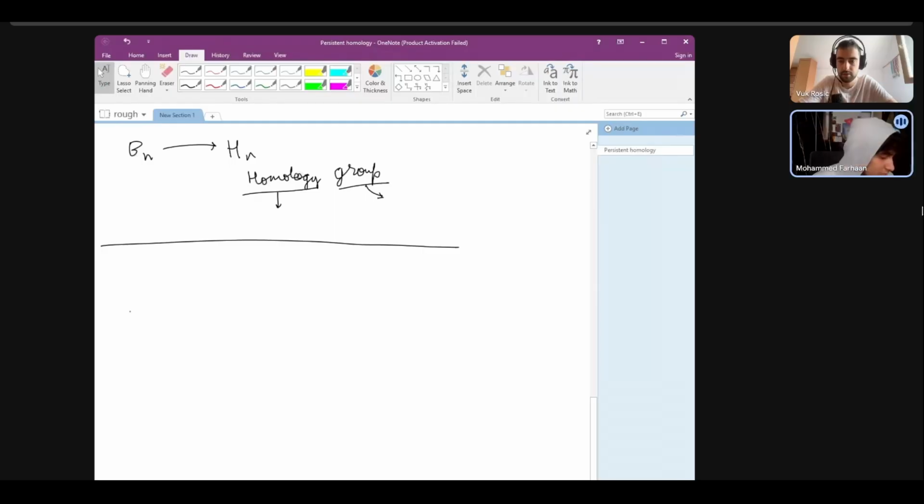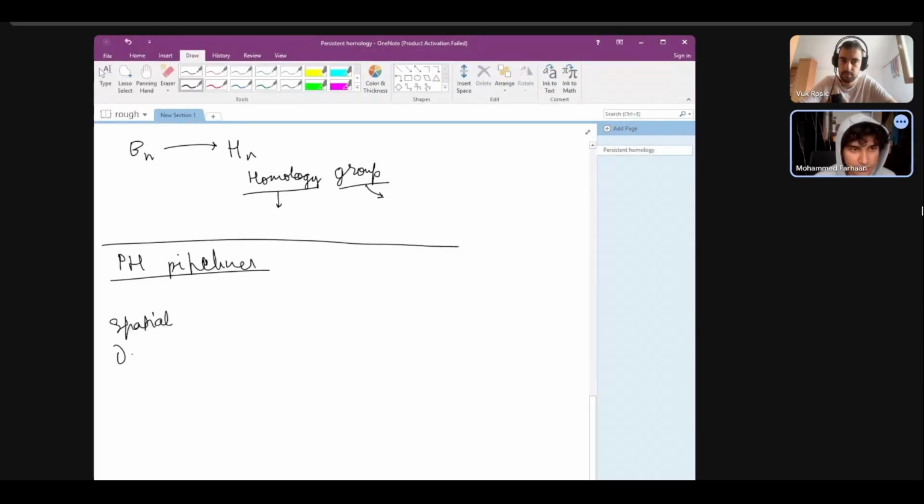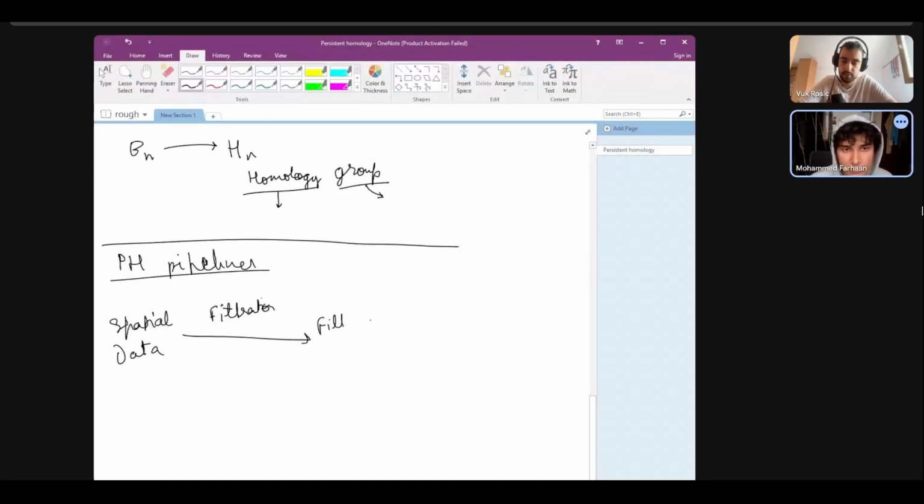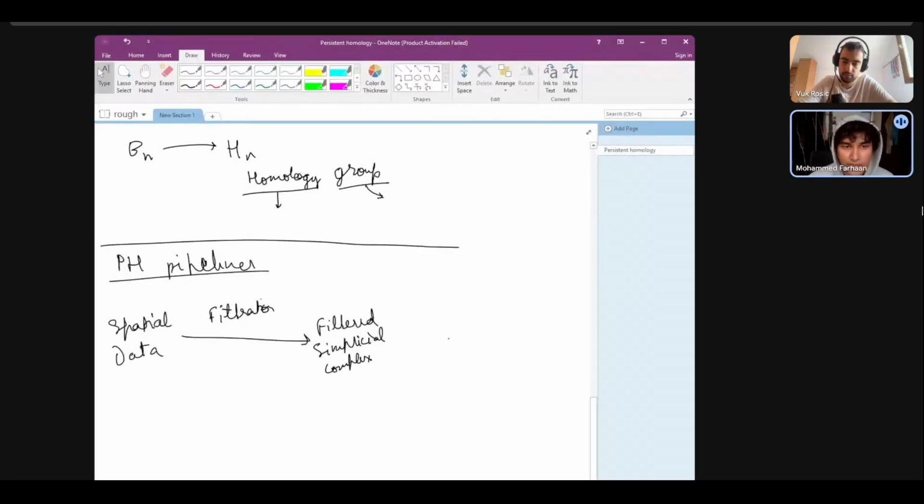So the traditional way of applying persistent homology, or you could say the pipeline: you have your raw spatial data, and then you apply a filtration to it, and you get a filtered simplicial complex. Then you apply homology to it.